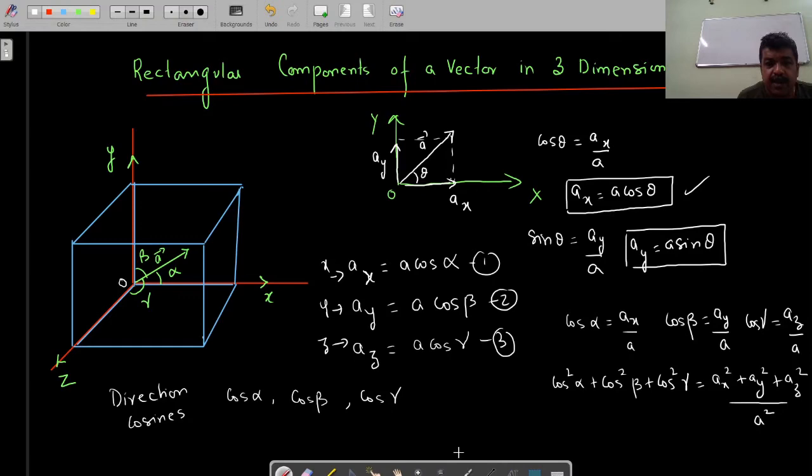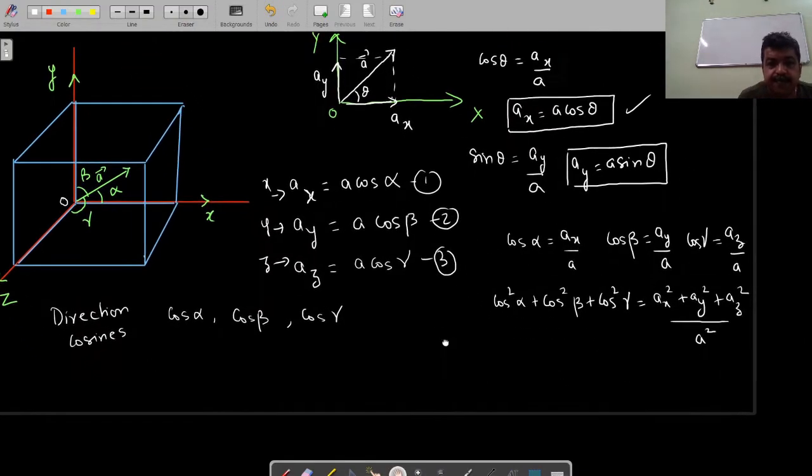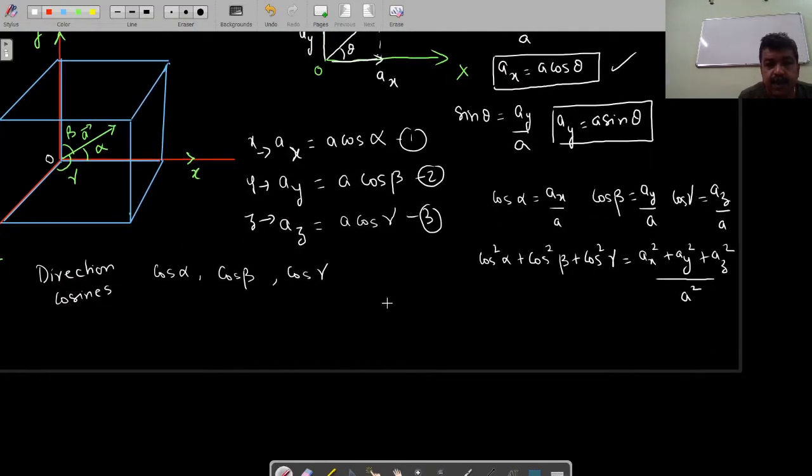So I can write vector A is equal to ax i cap plus ay j cap plus az k cap.